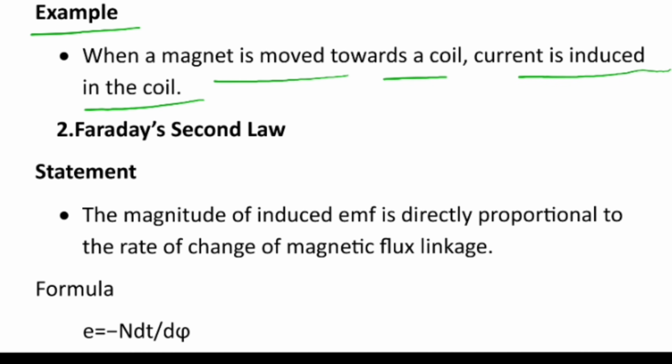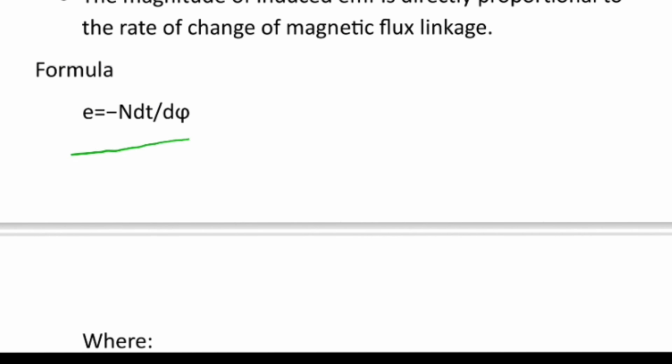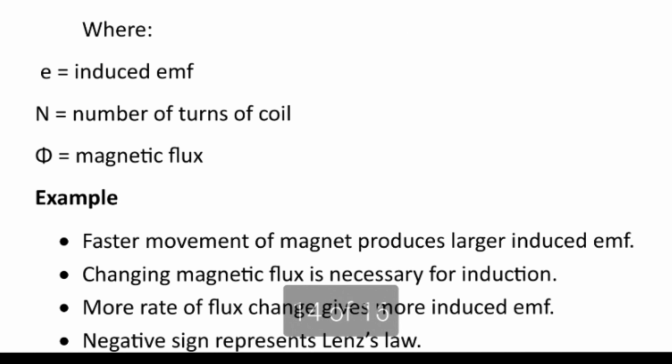Coming to Faraday's second law, the statement is: the magnitude of induced EMF is directly proportional to the rate of change of magnetic flux linkage. This is the formula, where E is the induced EMF, N is the number of turns of the coil, and phi is the magnetic flux.